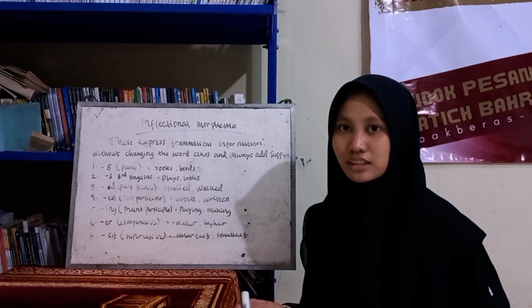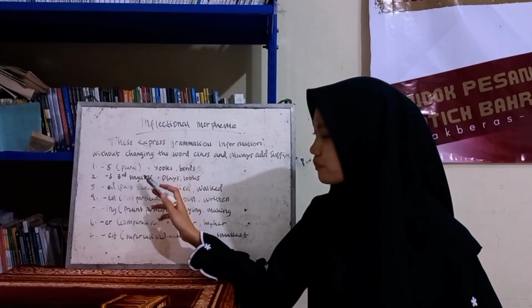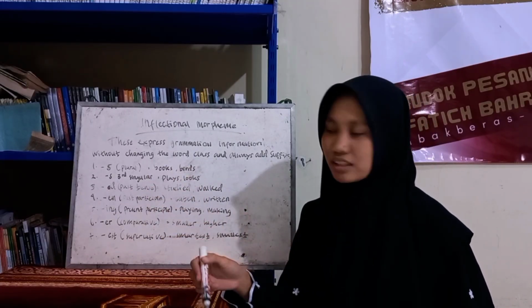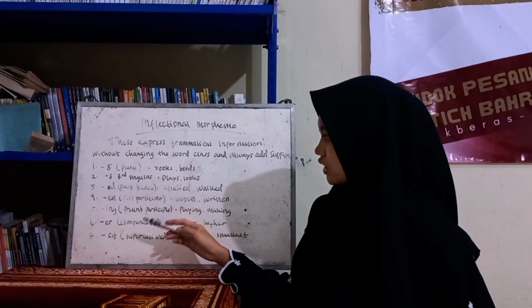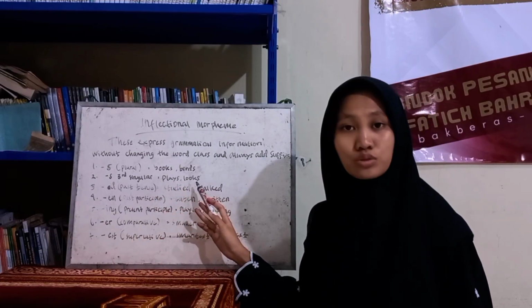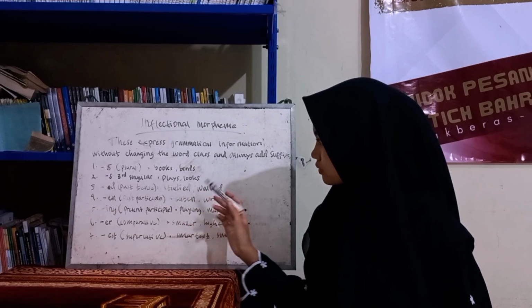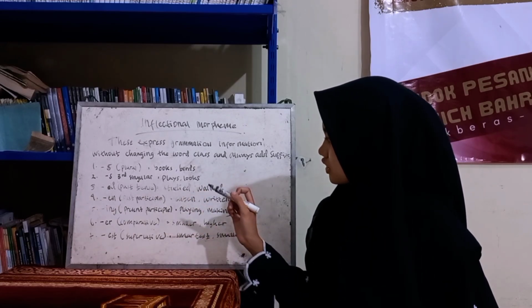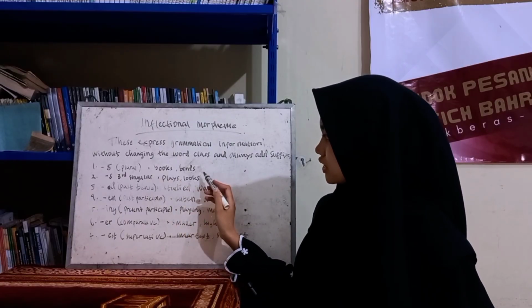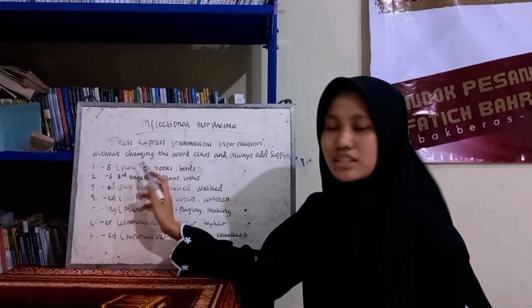The third person singular is always used with the pronouns he, she, it, like he flies, she flies, so it looks or he looks. The suffix is also S, but this is S for the third person singular.